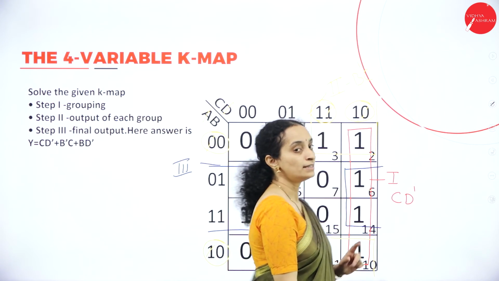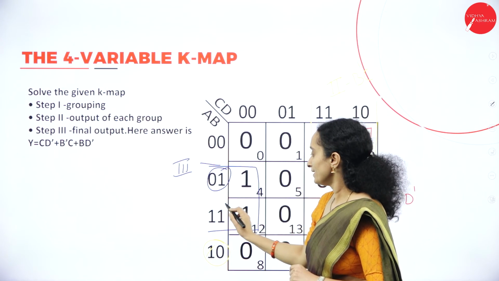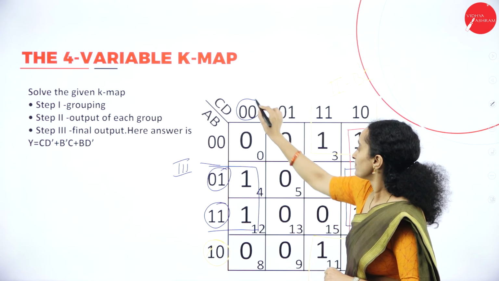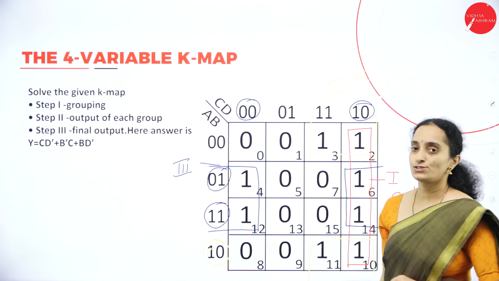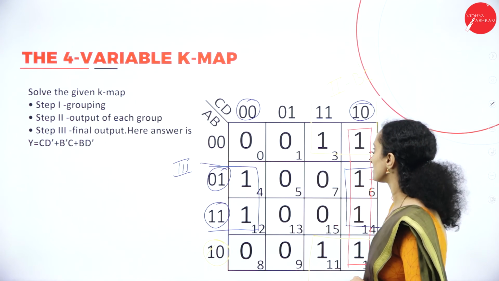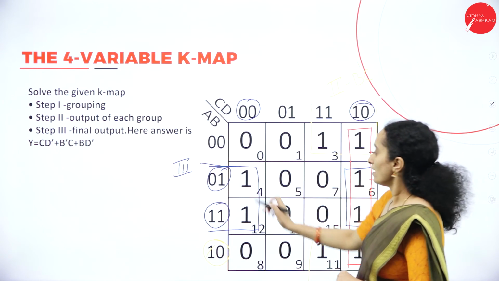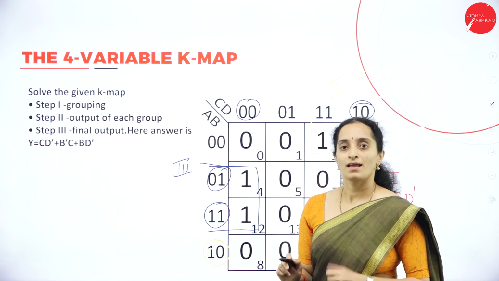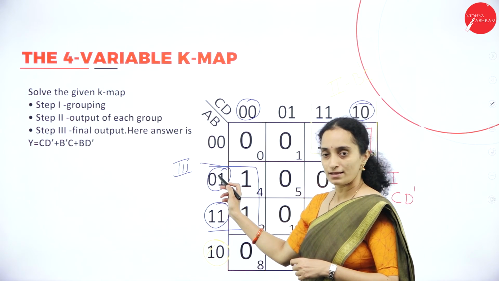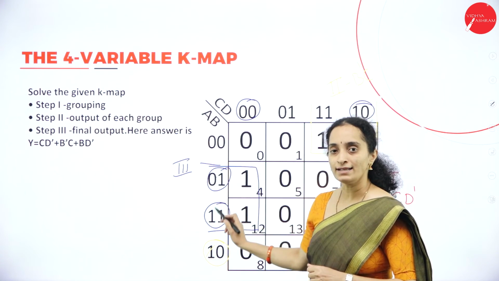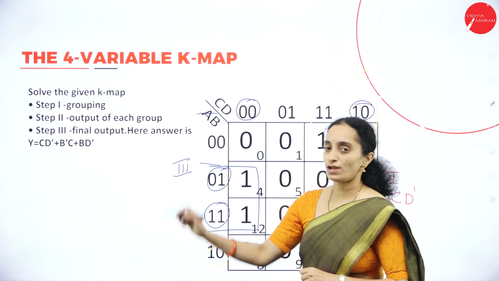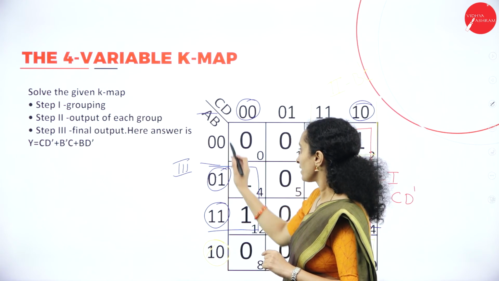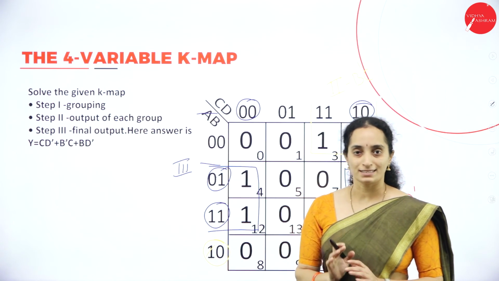Now, let us check with the third group. The third group is checking these two values and these two values. When you check here, the variable A is changing its state. That is, it has both the complement and non-complement form. What you have to do now? Ignore variable A or cancel variable A. B is not changing its state.